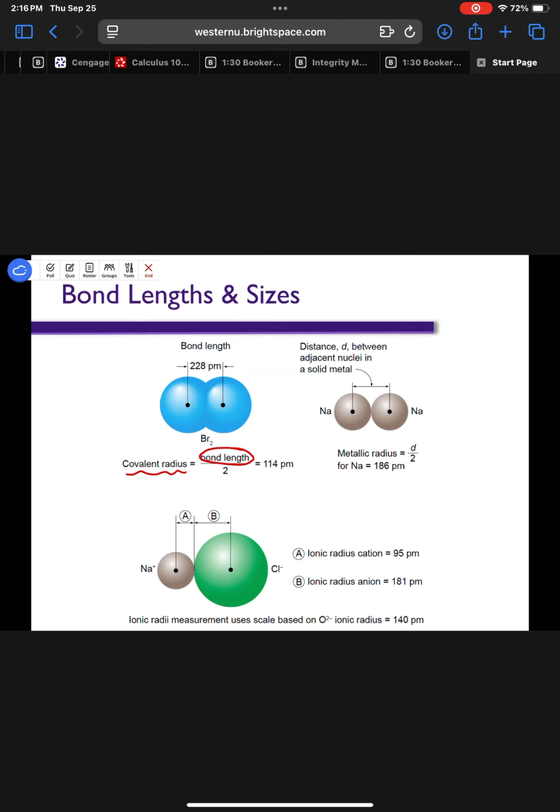Well, not all materials form covalent bonds. If we have a metal, then they're just kind of hanging out side by side, and then we could measure the metallic radius. Again, the distance between the two nuclei, divide it by 2, and that gives us the radius, an estimation of the size of the atom. We're going to see later today that ions, cations, anions, have very different sizes compared to the atom that's not charged.